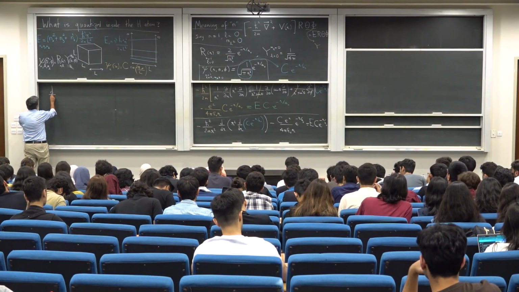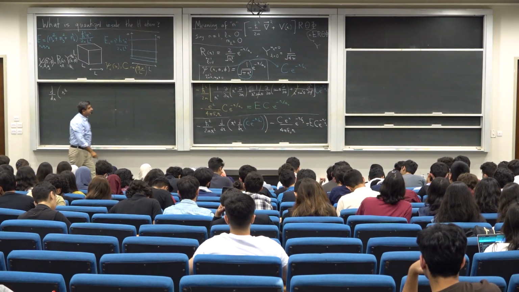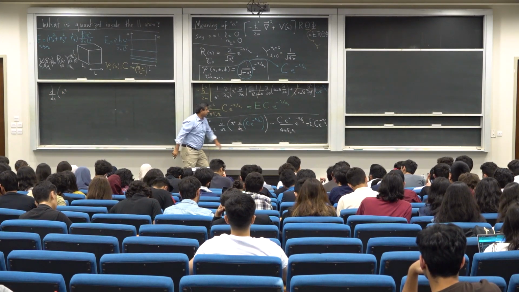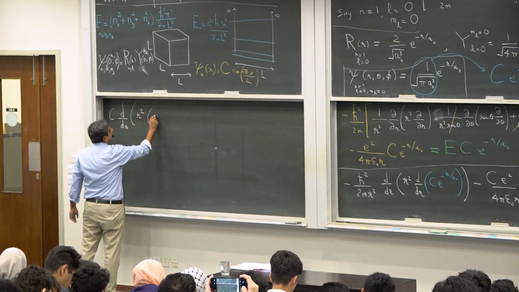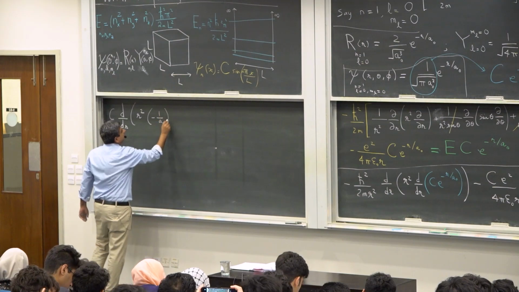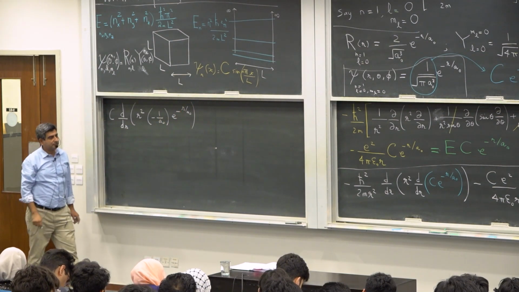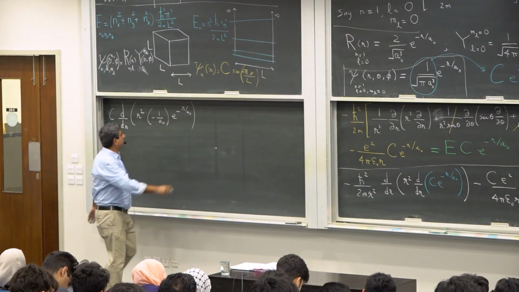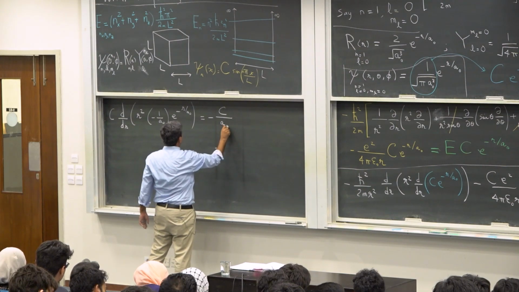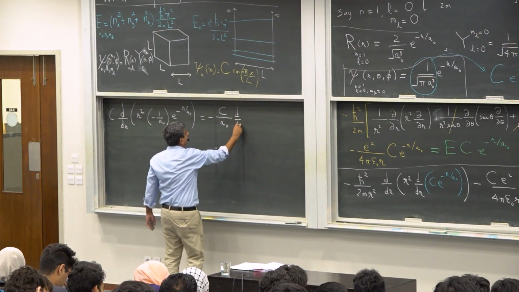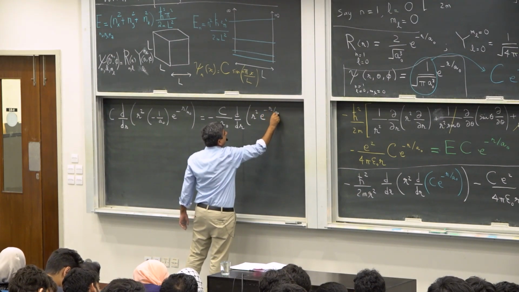The derivative of r square followed by the derivative of this thing. C is a constant, and I'm left with minus 1 over A naught E minus R over A naught. Correct? I take this minus 1 over A naught outside, I'm left with minus C over A naught, the derivative of R square E minus R over A naught.